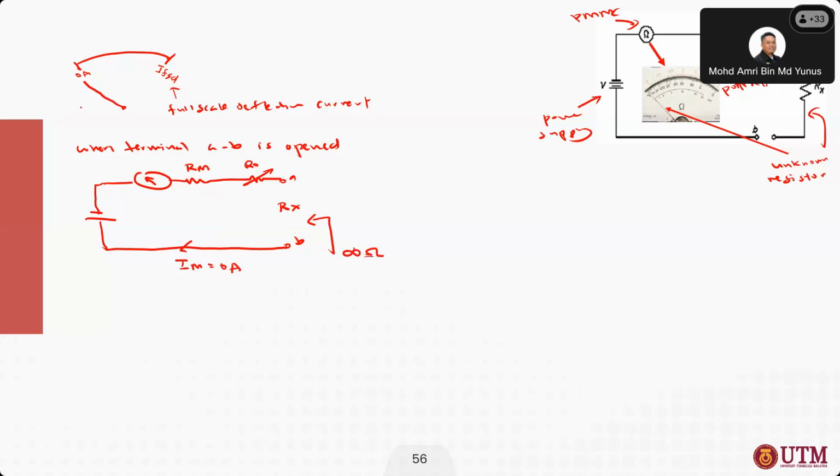So that's why there is no deflection, no current flowing through the permanent magnet moving coil. So at 0 ampere, the zero deflection, is equivalent to infinity ohm.